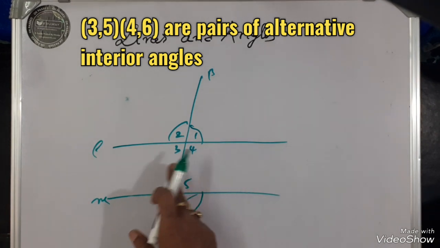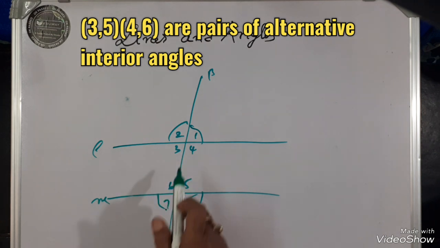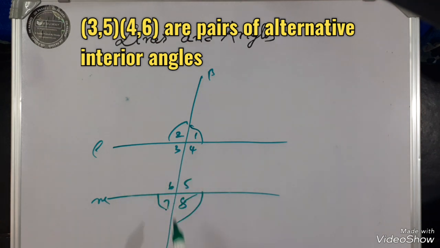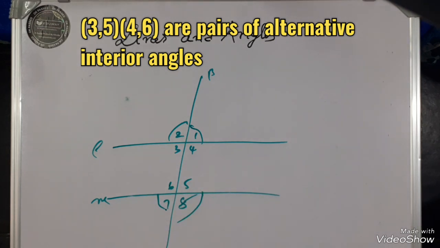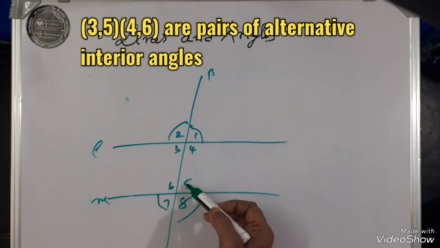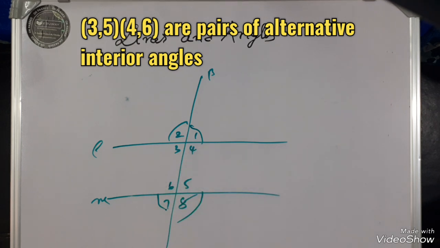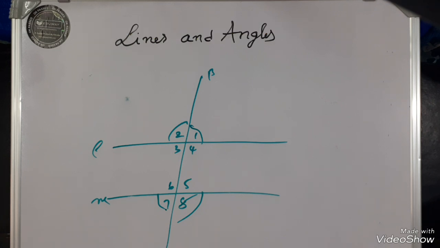They lie either side of the transversal, inside, and they are not adjacent angles. Such angles are called alternative interior angles. What are they? 3, 5, 4, 6 are called alternative interior angles. Is it?